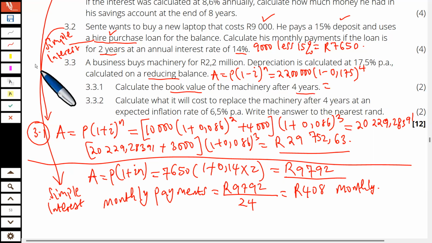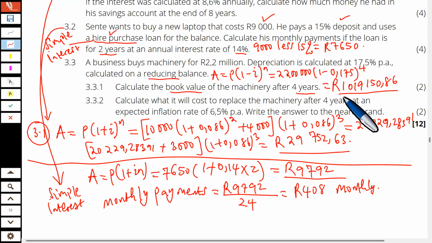So in other words, this machinery is actually getting old. How much will it be worth? That's the book value. It will be worth 1,019,150.86. So you buy this machinery for 2.2 million, and after 4 years it is worth just above 1 million.